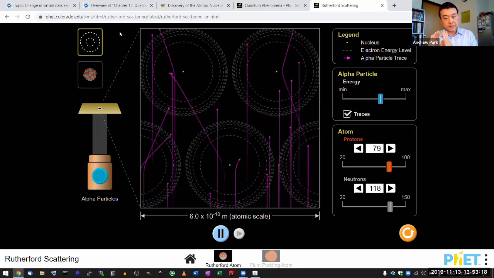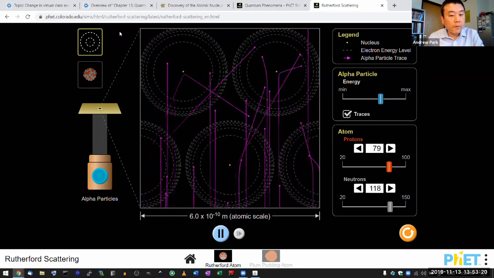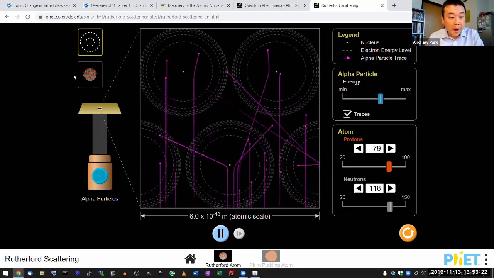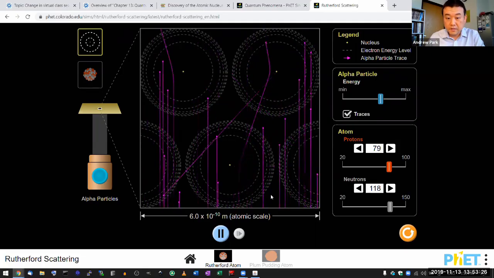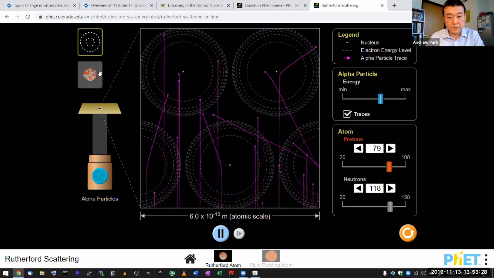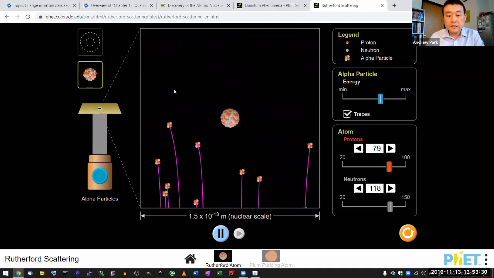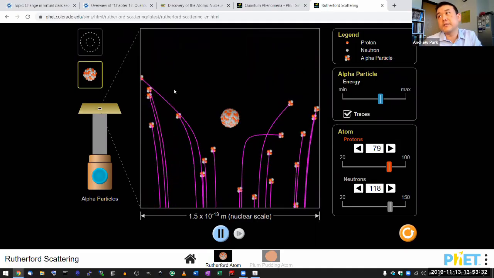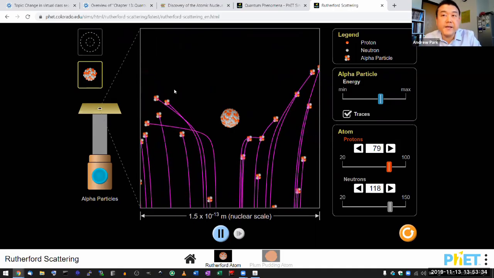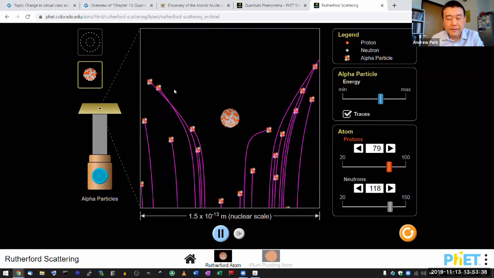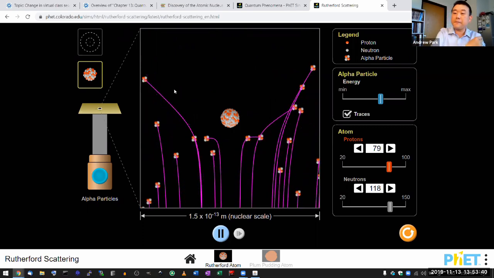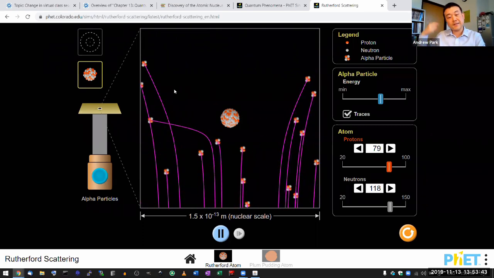What Rutherford was seeing, and what led him to posit this model that you see represented here, are these large deflections. Rutherford is quoted as saying it's as if you shot a 20 caliber bullet at a tissue paper, and it came back and hit you.